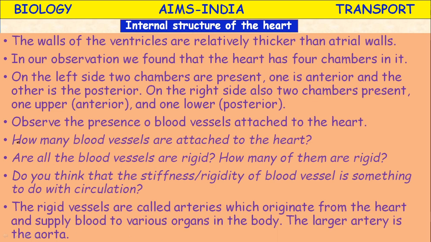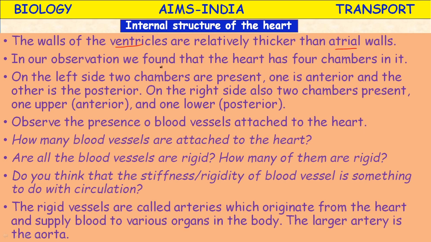So for protection, the walls are very thick. So here the walls of ventricles are relatively thicker than the atrial walls. Atrial walls means, because the auricles are pumping blood to only ventricles, but ventricles are pumping blood to parts which are far away from the heart. So that's why ventricular walls are very thick.